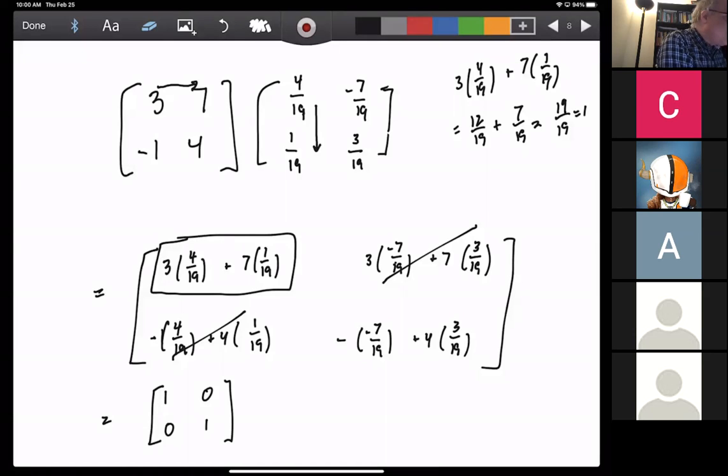And there are more efficient ways of actually doing this numerically, but this lets you see exactly what's going on and lets you use what you know about elementary row operations and the RREF. Okay, so there really is a connection there. Now, there is a formula for the inverse of a 2x2 matrix.